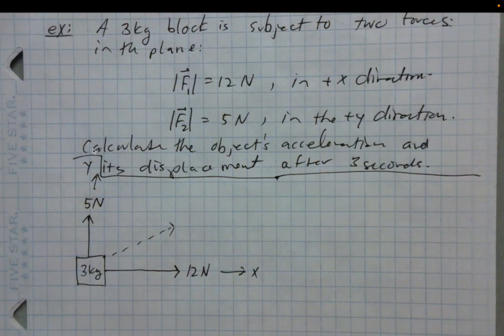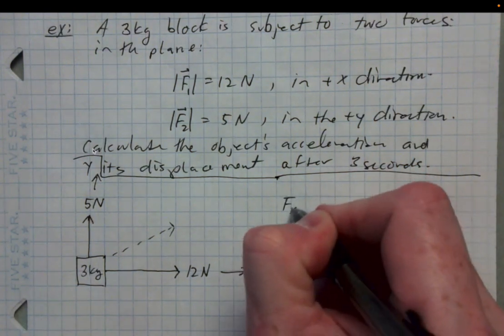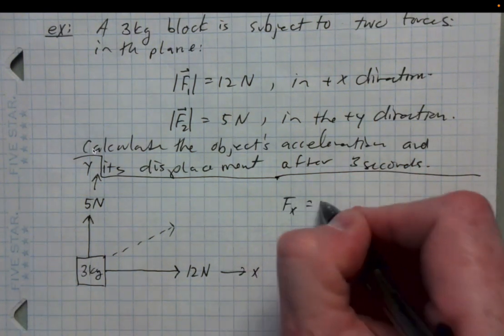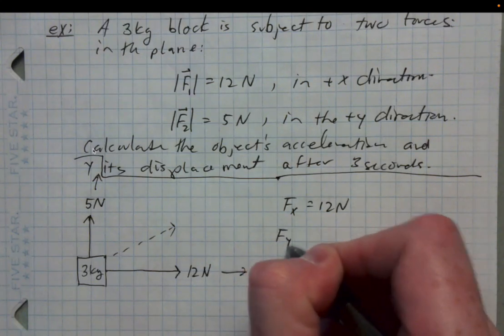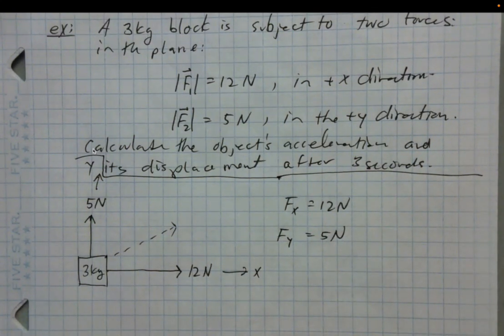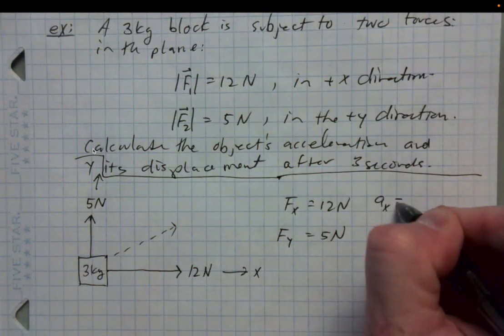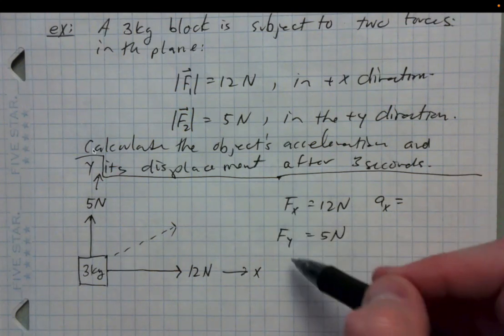Okay, and because the forces are perpendicular, their magnitudes are face value, right? So the x component of the force is equal to 12 newtons. The y component of the force is equal to 5 newtons, right? And from this, we can calculate the x and y components of acceleration. So the x component of acceleration is going to be equal to the force divided by the mass.